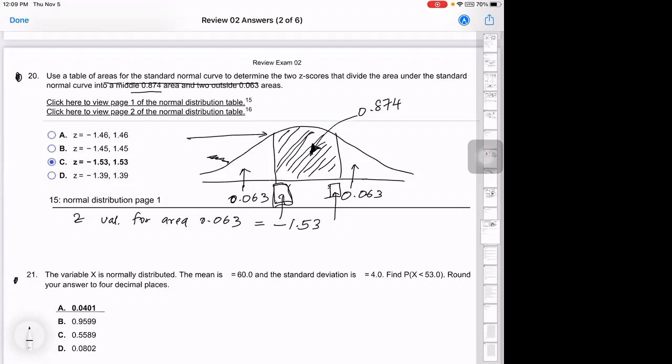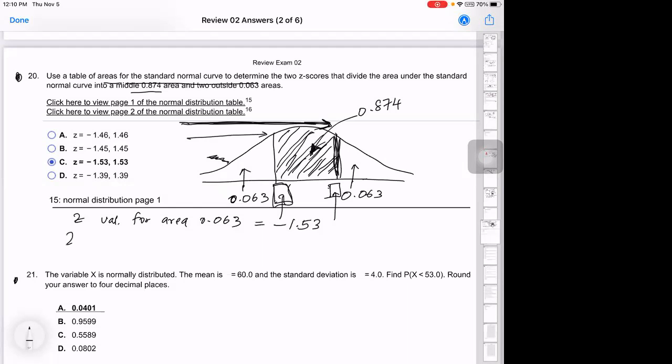Now you can find the area from your left-hand side to the second point. How do you find that? The left area 0.063 is this much, and the given middle area is 0.874. So add those two together, and you get the total area from the left-hand side to this point.